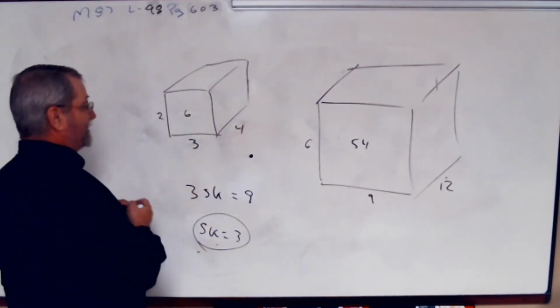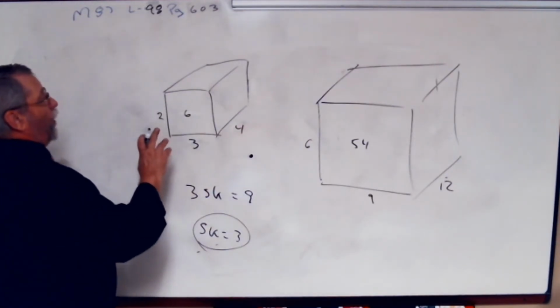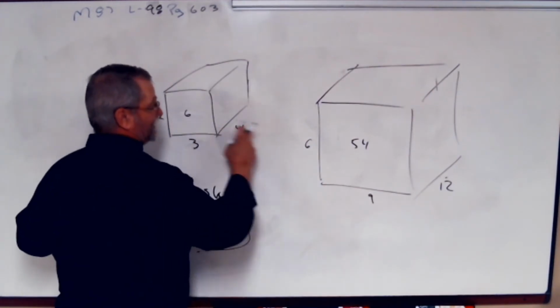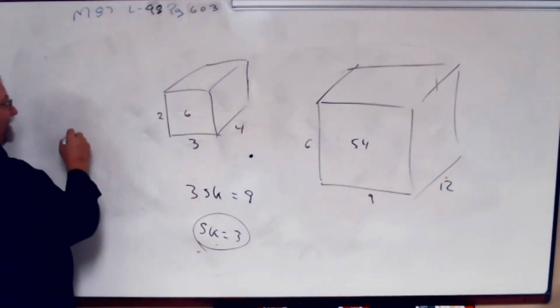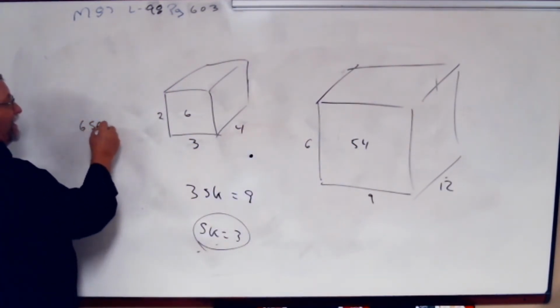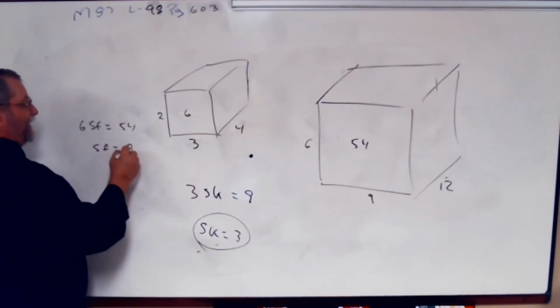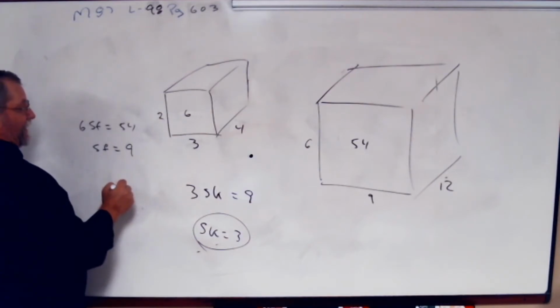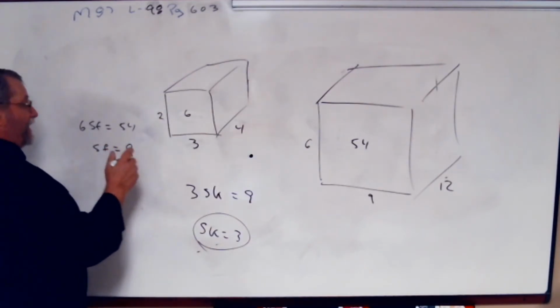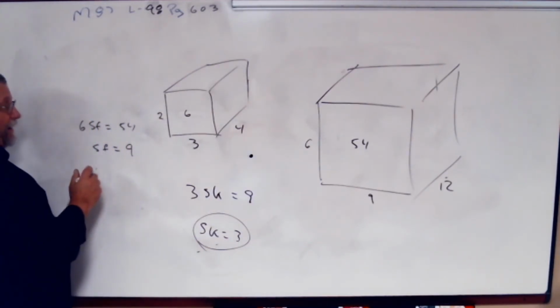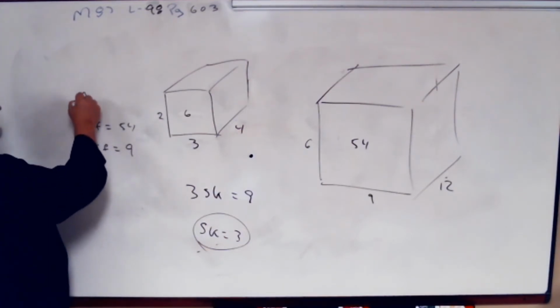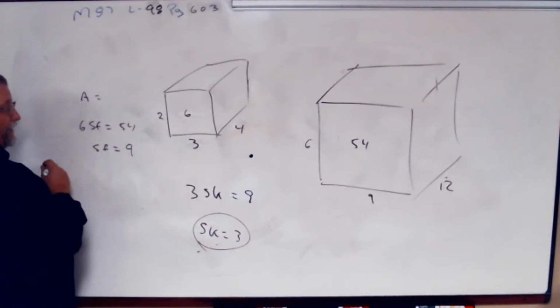So watch this. Let me just show you this. What's the scale factor between this and this? Okay, 6. The scale factor equals 9. Okay? Between the areas. Area is always squared.